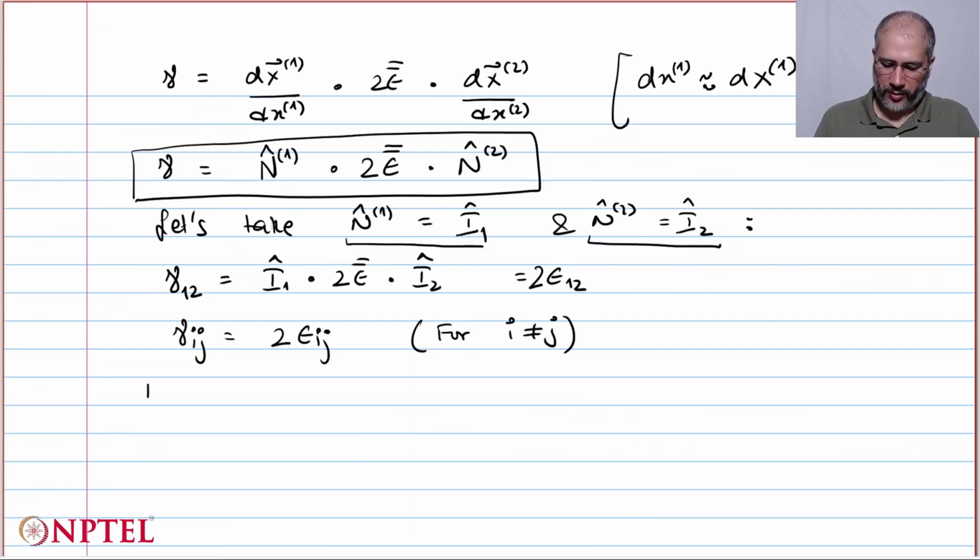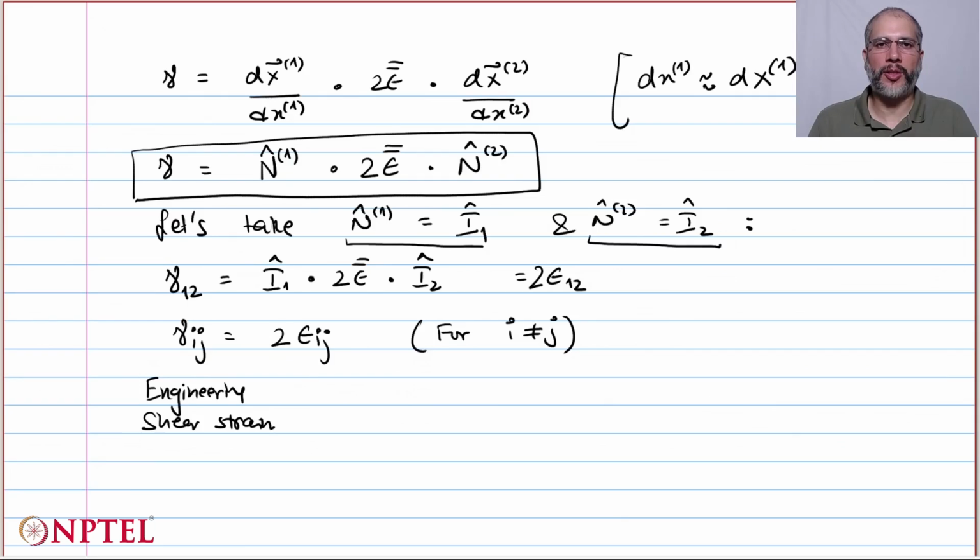So this quantity is called the engineering shear strain. Engineering is because that is measurable, and it's called shear because it's the off diagonal terms of the strain tensor, and it denotes the change in angle between elements which are at 90 degrees to each other.